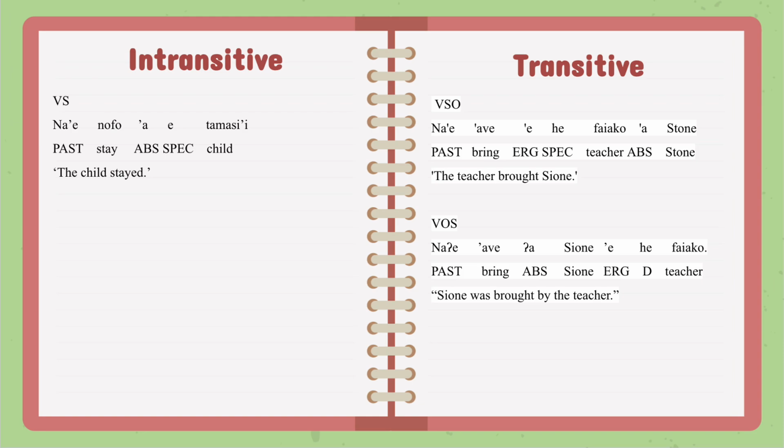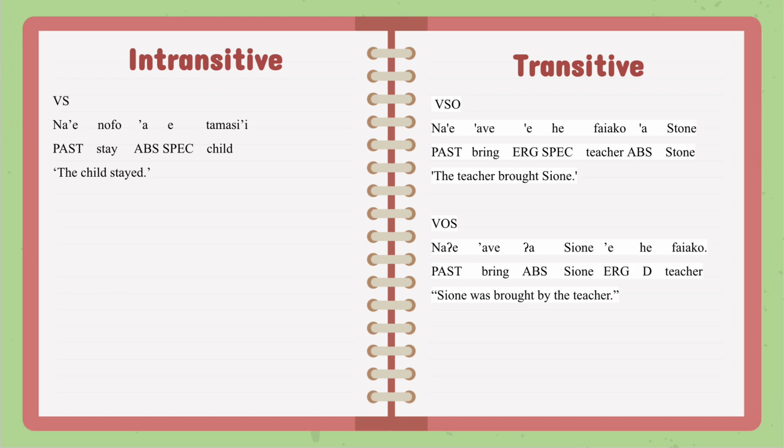Based on these examples, we can see that Tongan is a strict VSO language. This means that the verb always comes first in a neutral declarative sentence. In these examples, the case marker A plays the absolutive role, which means the subject of the intransitive clause and the object of the transitive clause.